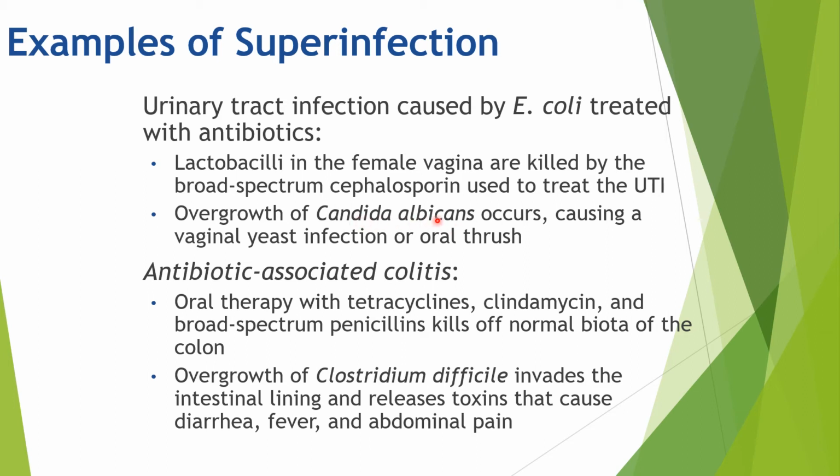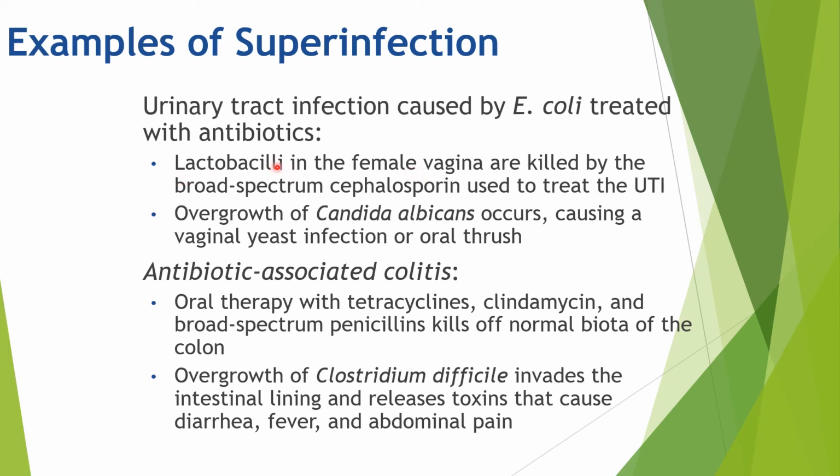The reason why Candida albicans was placed under check and not overgrowing is actually because of these lactobacilli, because they were maintaining an acidic environment in the female vaginal region.